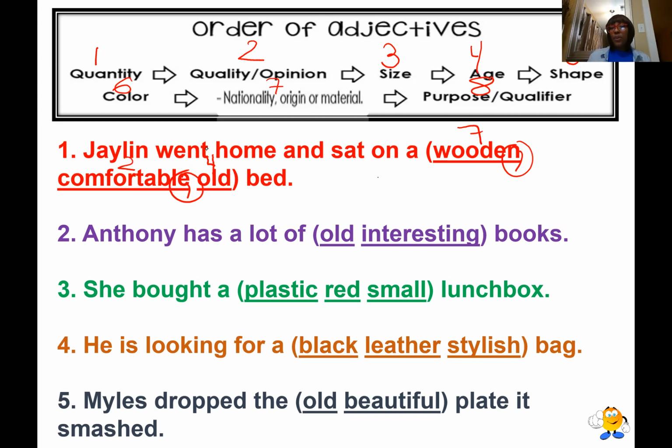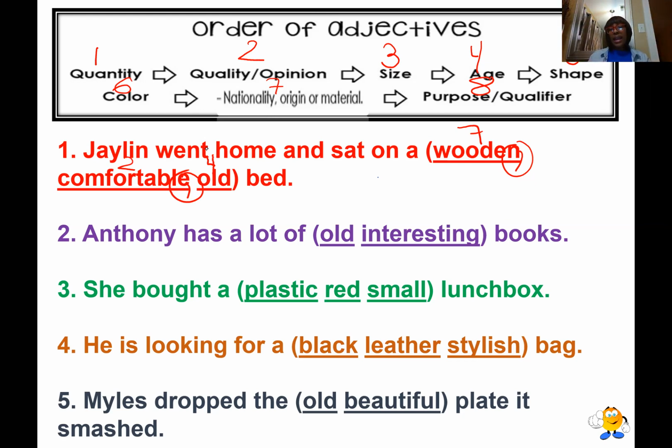So the proper read would be, Jalen went home and sat on a comfortable, comma, old, comma, wooden bed. So that would be the proper way of writing that sentence.